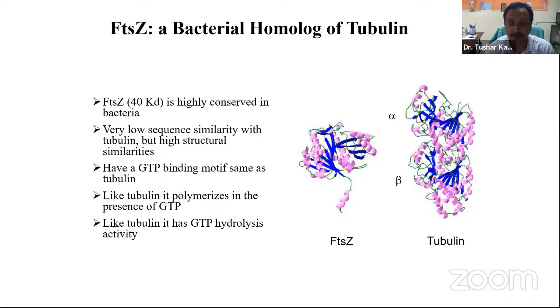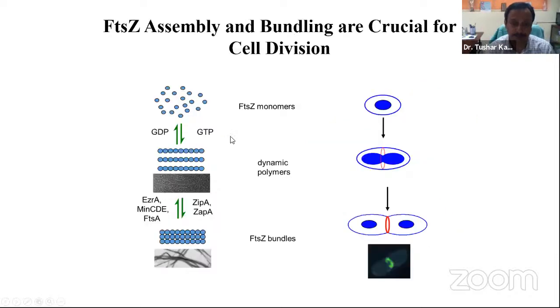There are specific sites where both FtsZ and tubulin are very similar. They also have similar functions: they bind to GTP, assemble in the presence of GTP, and disassemble when GTP is hydrolyzed. So many of the properties of FtsZ and tubulin are quite similar.